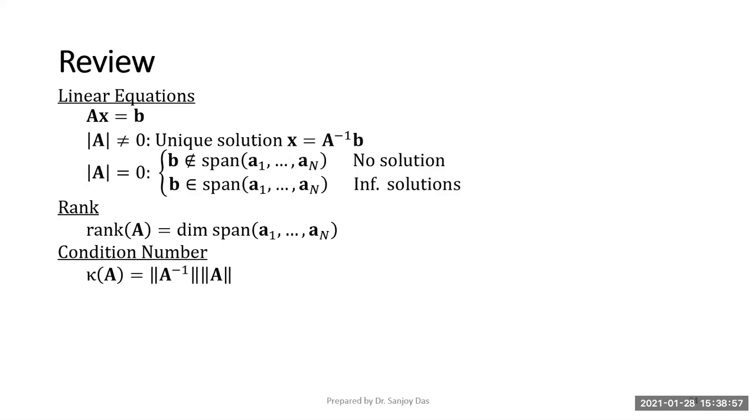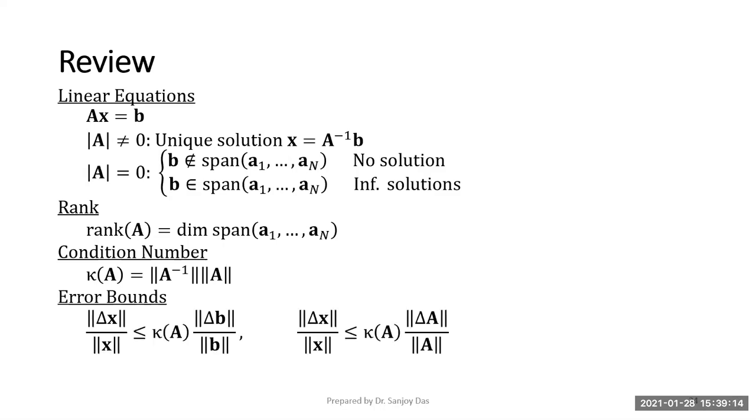It can be any Lp norm, it can be the Frobenius norm, but normally it's the Euclidean norm. Unless specified otherwise, we'll assume the Euclidean norm everywhere. And we saw the error bounds. The condition number is used to establish error bounds, and we saw a little demo of that too.